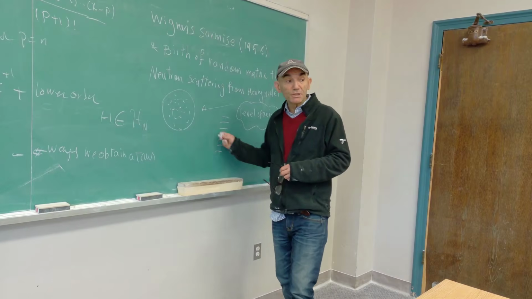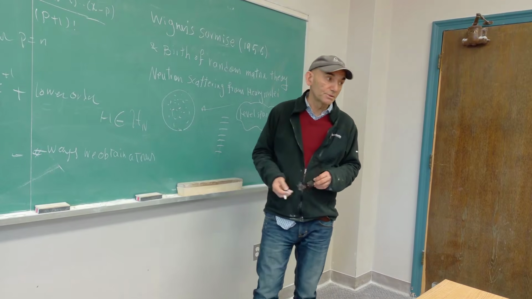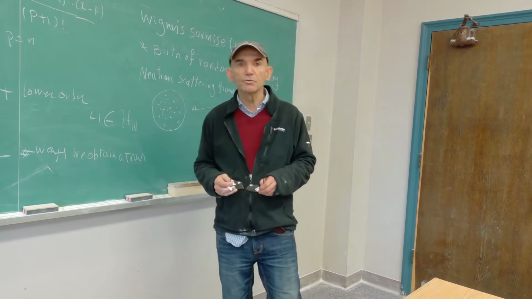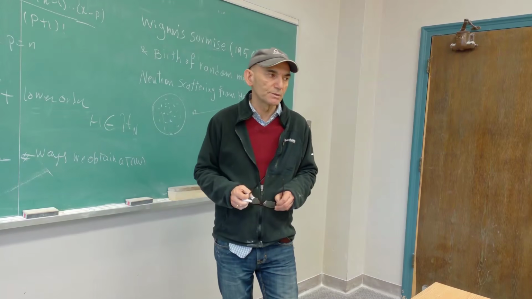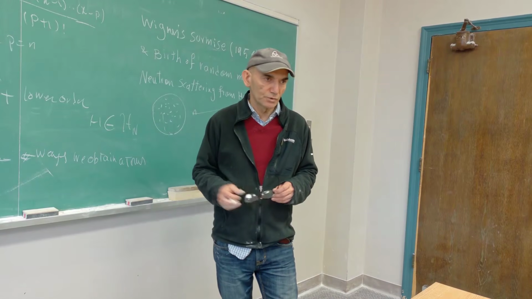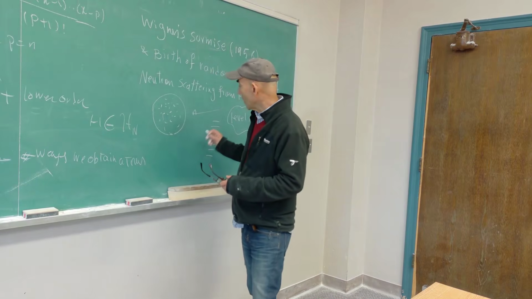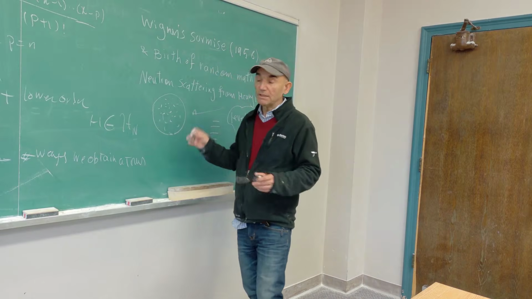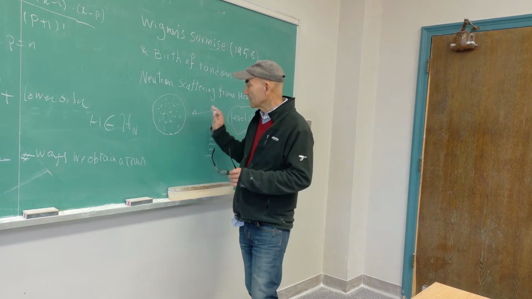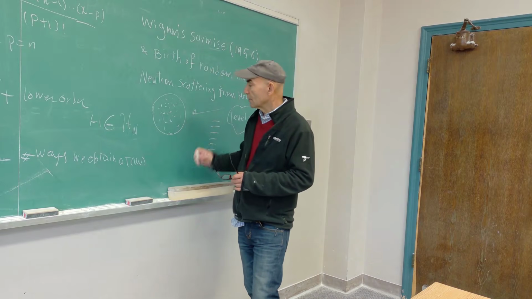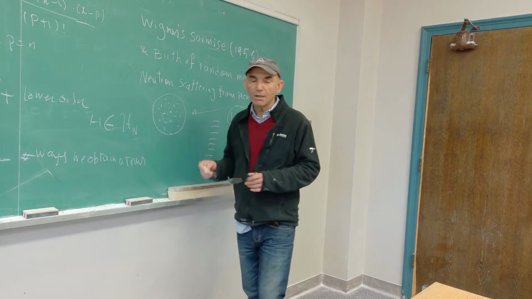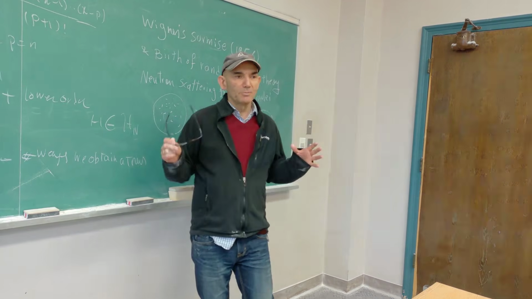This problem turns out to be extremely difficult, and it took about 30 or 40 years to be solved. It was solved eventually, I believe, in the 1980s. But Wigner did several things. One of the first things he did was to assume I have a 2x2 matrix.